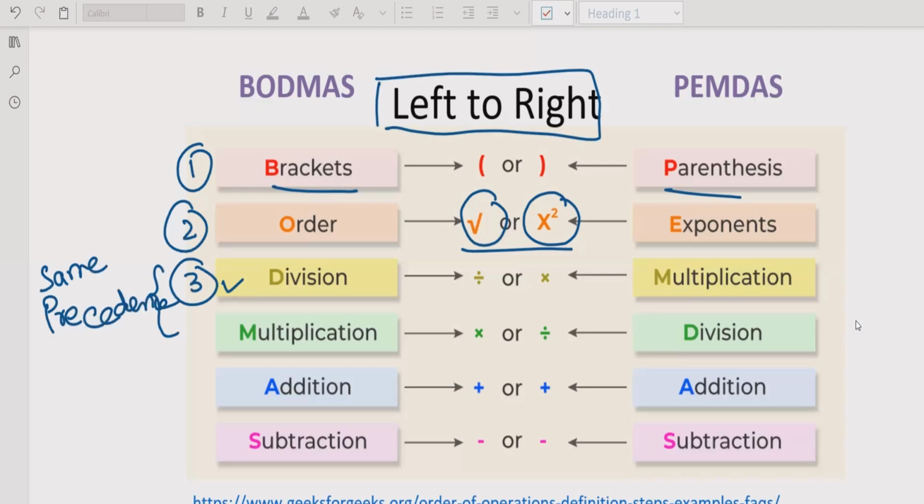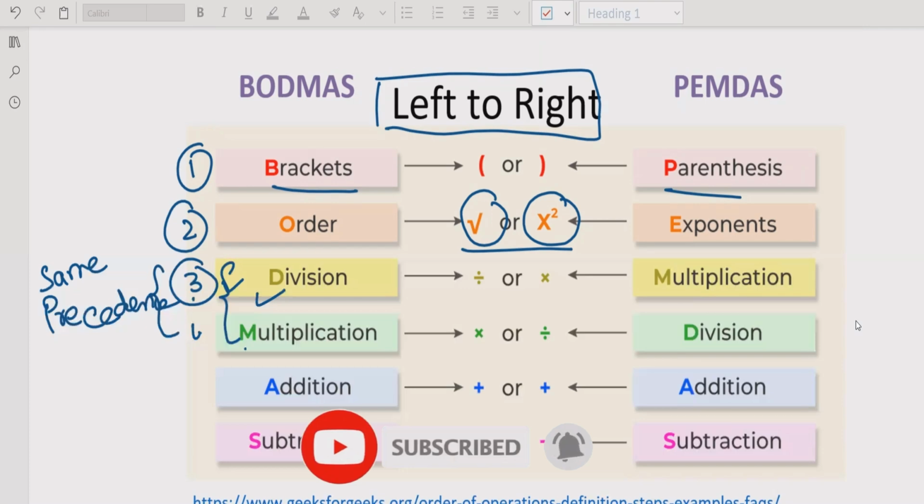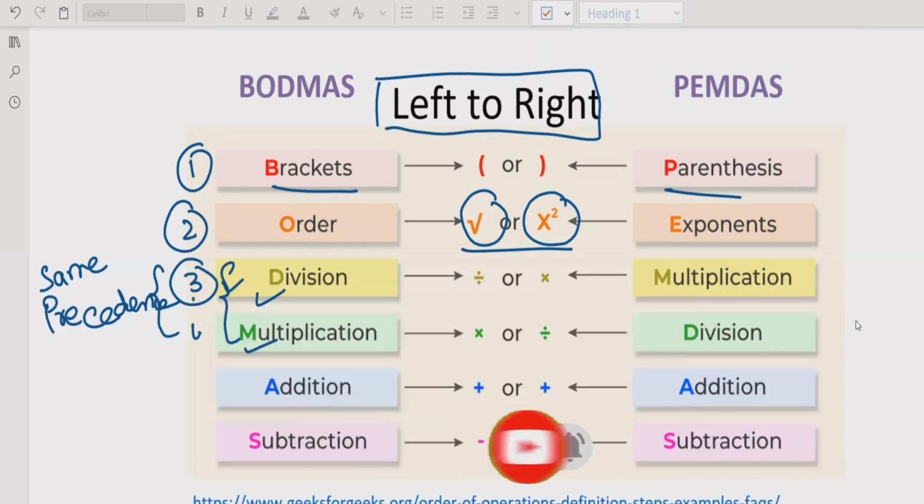So you solve either division or multiplication, whichever comes first going left to right. If division comes first, you solve this part first, and if multiplication comes first, you solve this one.